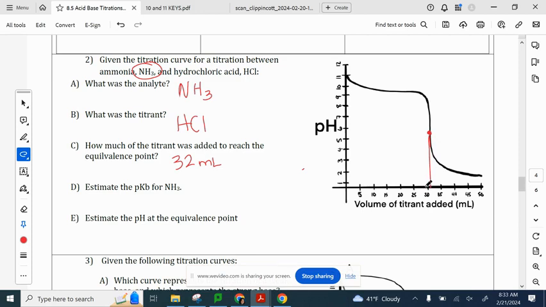Now, on your AP exam, they do not allow you to have rulers or anything like that, but they allow you to have extra pencils. So if you take one of your extra pencils and lay it down, and then take your other pencil and move it along the side of that pencil, you can get a straight edge to identify some of these graphs and draw a straight line down.